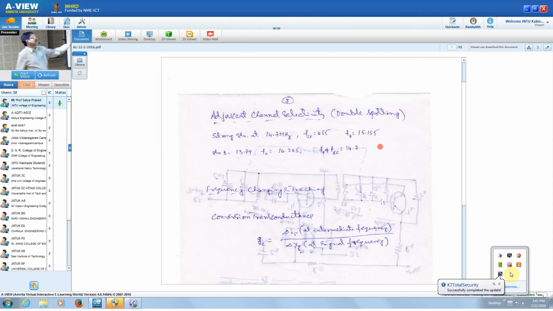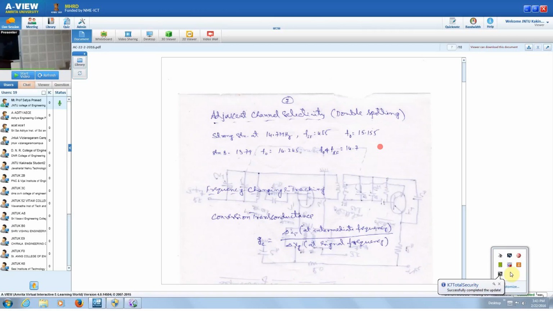So when they are tuned, 15.15, 15.7 megahertz, you are getting the signal.